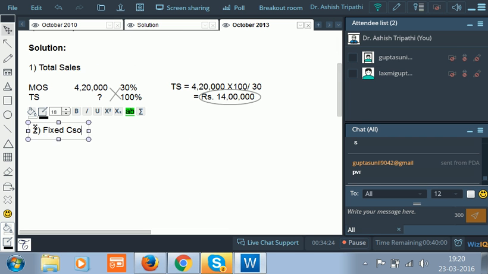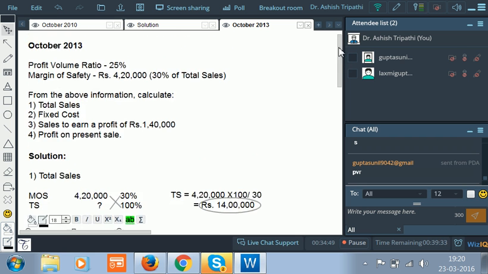What exactly are we trying to calculate? The second thing they are asking us is fixed cost. So let us give the heading of fixed cost. We'll apply the formula for PV ratio. PV ratio is equal to contribution upon sales into 100. PV ratio is already given.